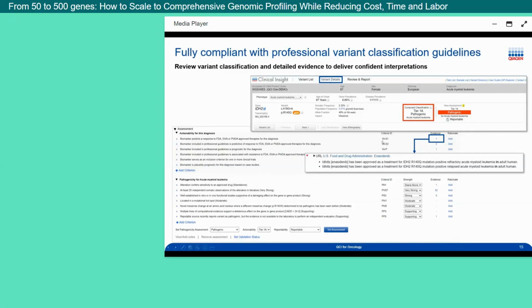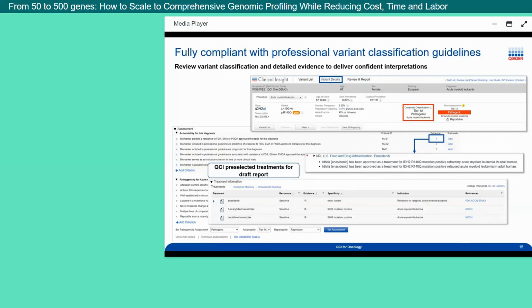If you're thinking about therapeutic actionability, you can dive deeper into the treatment section, where all applicable treatments and clinical trials are pre-selected for the draft report. Again, the references can be opened so that you can review the underlying evidence and applicability to your patient or your region.